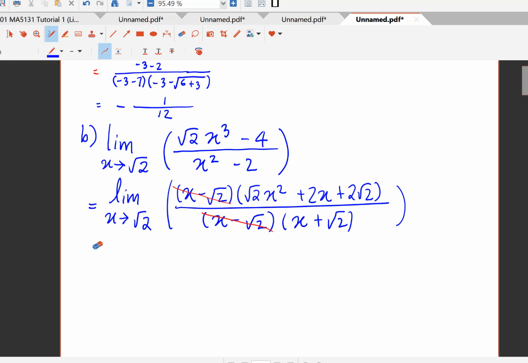You will need this one to times with x to give you the root 2 x cubed. You need this one to times with this one to give you minus 4. So the first and last are quite easy, but it's the middle one that is a bit hard.